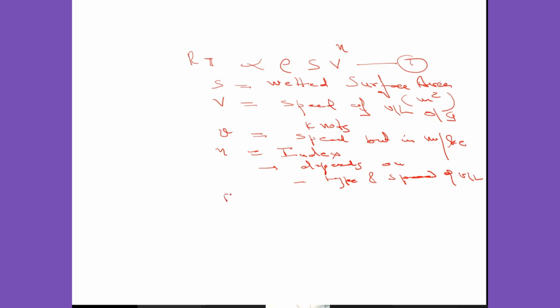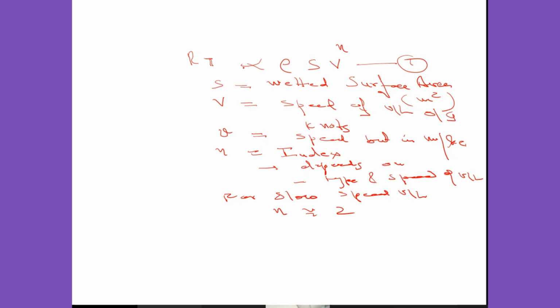For slow speed vessels, N is taken approximately as 2. All right. This is just we have to remember. Mr. Froude did a lot of research and he established this relationship.